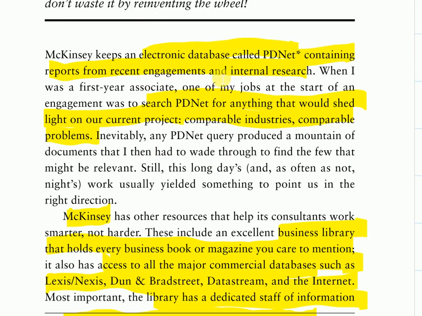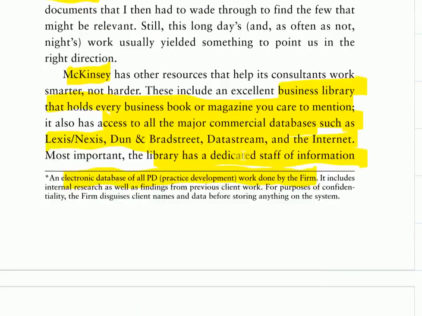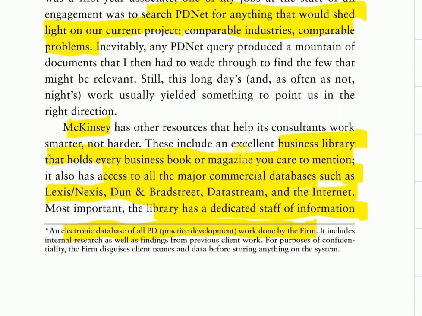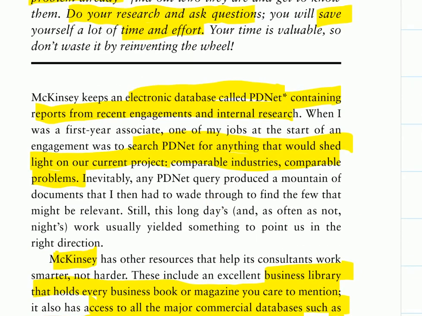So at McKinsey, you will find an electronic database called the PDNet, and that contains reports from recent engagements and internal research. So what is the PDNet? PDNet is an electronic database of all PD. What is PD? PD is practice development. So it is an electronic database of all the practice development work done by the firm. You should search the PDNet for anything that would shed light on the current project, the comparable industries, the comparable problems.